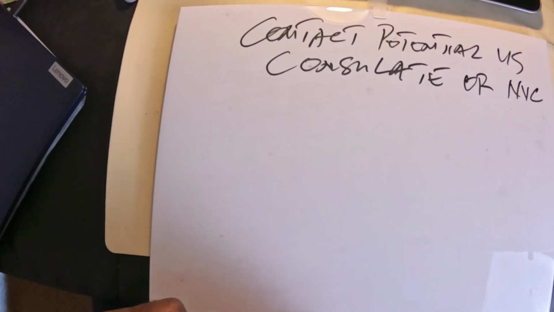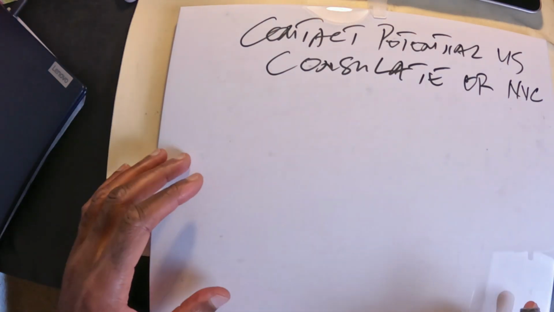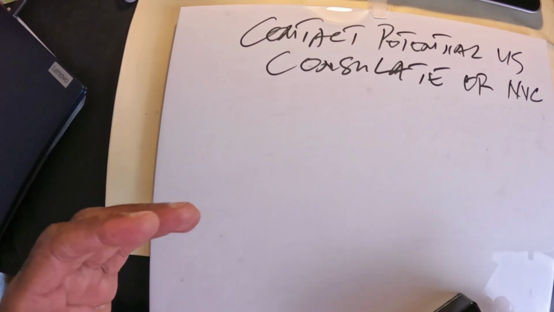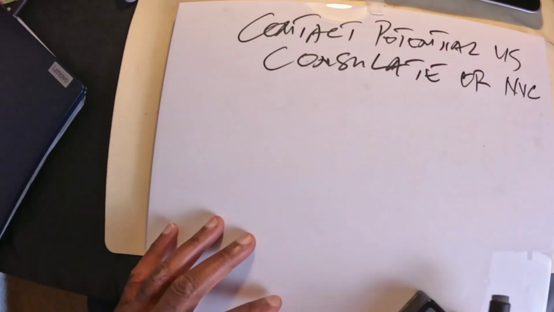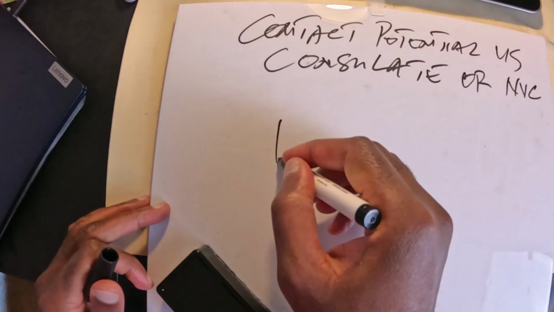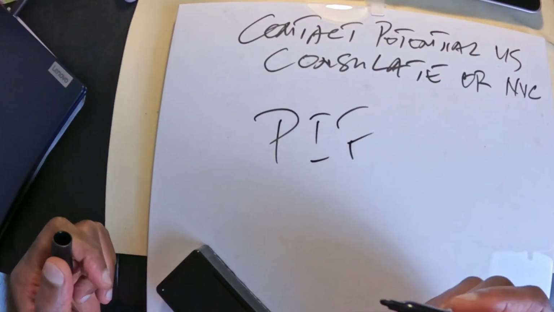So basically, what you need to do is reach out to the U.S. consulate or embassy where you intend to transfer the case. If the case is still at NVC, you need to contact them via the public inquiry form, PIF.